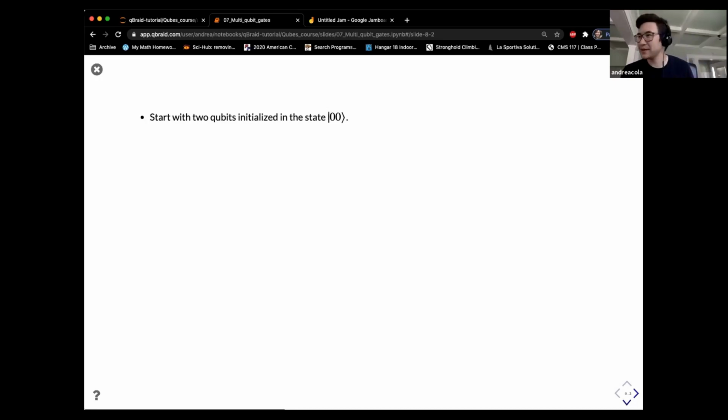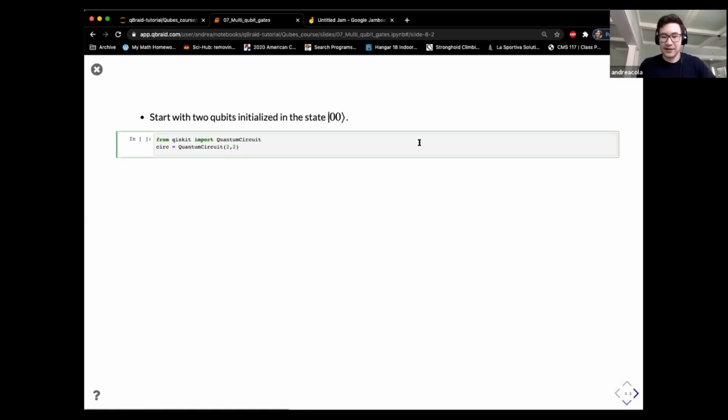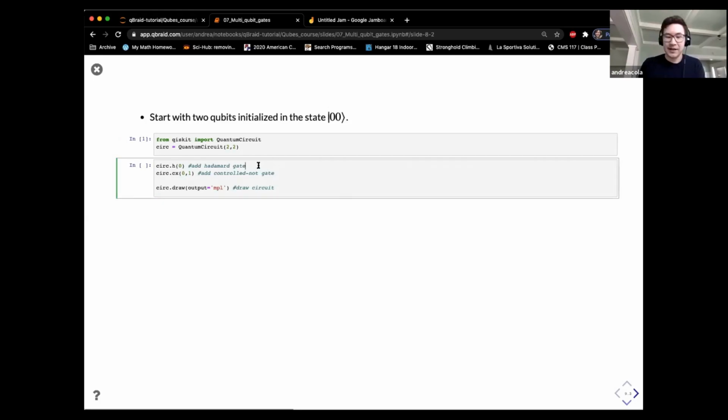So we can start with 2 qubits initialized in this 0, 0 state, this classical state. Then you apply a Hadamard gate, an H gate, to the first qubit. If you were to write this in a program, this would be circ.h(0) for the 0th qubit. In Python, you start counting from 0. Then you apply a CNOT gate from the first qubit to the second.